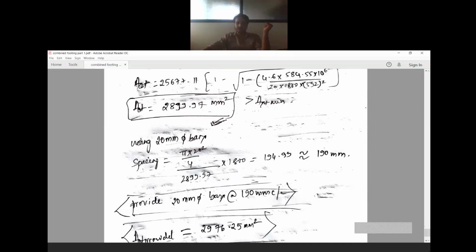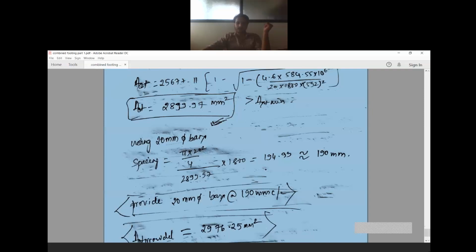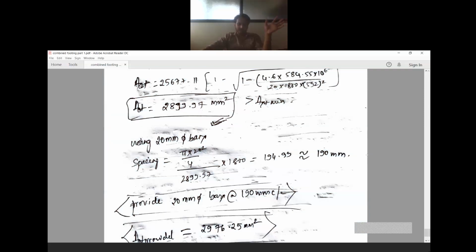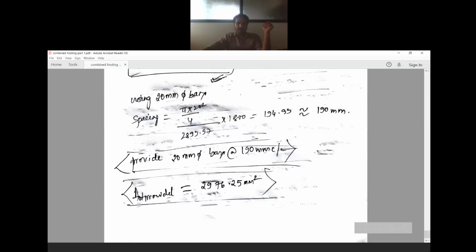So I will get 194.99, say 190 mm. So provide 20 mm diameter bars at 190 mm center to center. So AST provided is equal to 2976.25 mm square. This is the area of steel provided that we have to calculate.